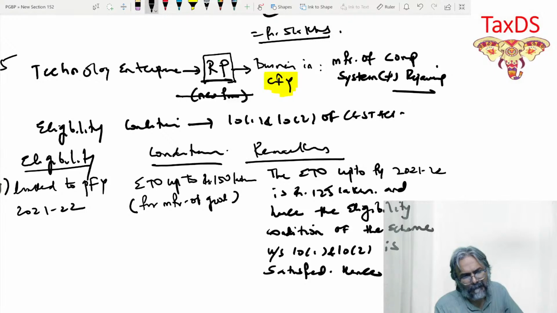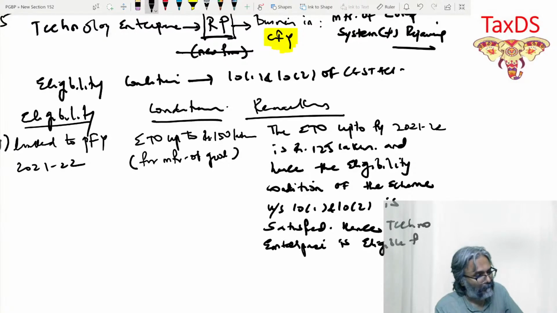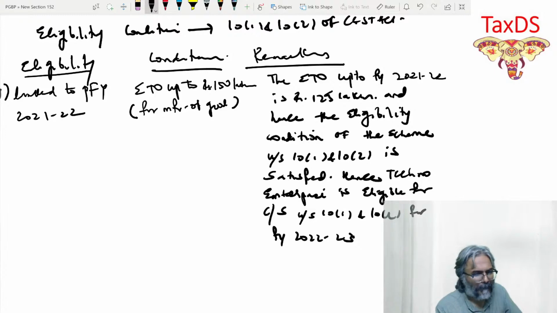Hence, Techno Enterprises is eligible for the composition scheme under section 10(1) and 10(2) for financial year 22-23.